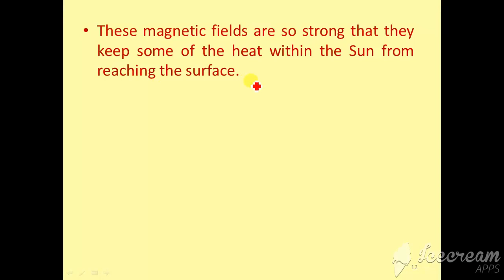The heat coming up to the solar surface, up to the photosphere, due to convection is basically repelled by the strong magnetic fields. So where the magnetic fields are very strong, they block the heat coming up to the surface, and that's why they appear cool.